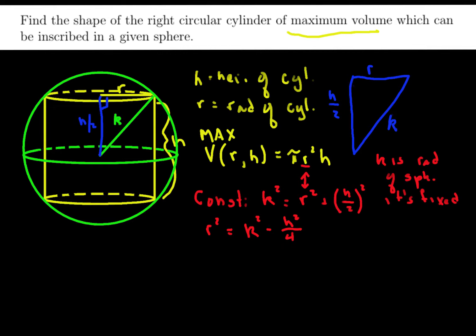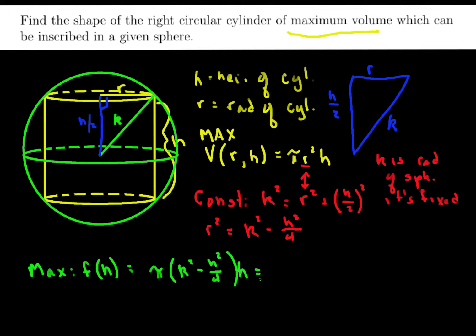And putting that into our function for volume, we can call this new function, which we want to make as big as possible, f of h. That's my only variable, h, which is equal to pi times k squared minus h squared over 4, times h.